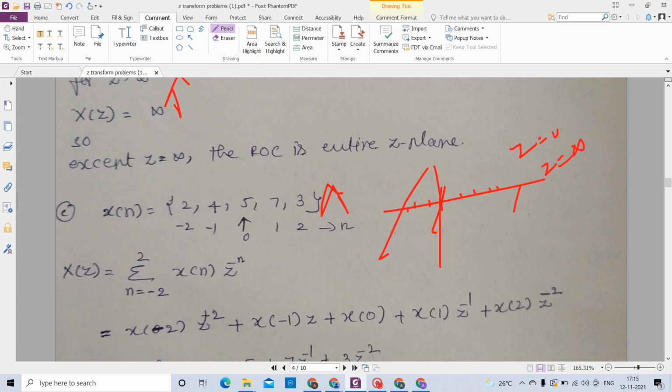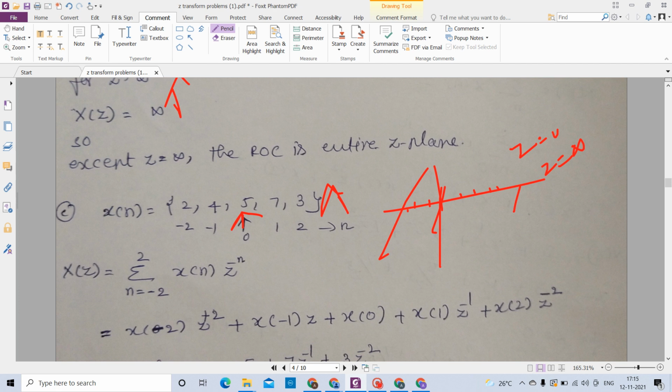Here the sample at n value 0 is 5. On the right hand side there are the sequences 1 and 2. The left hand side samples are: for n equal to minus 1, the sample is 4, and for n equal to minus 2, the sample is 2.